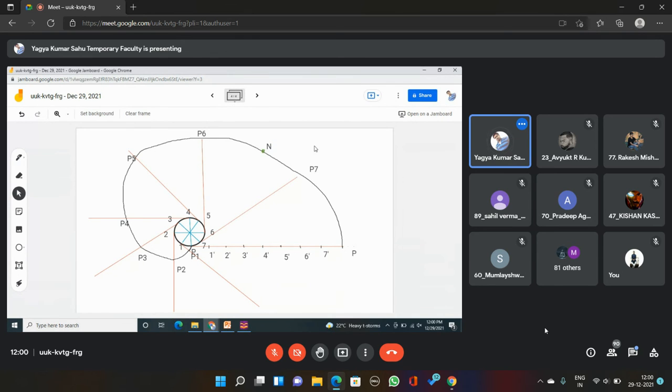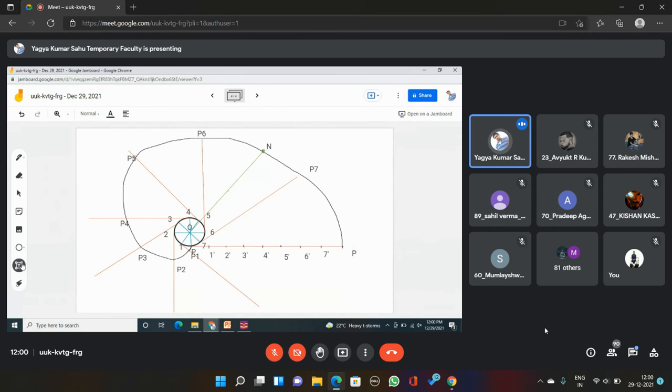Tangent and normal. So first of all, join this N to O, center of the circle. Join O to N like this. First of all, join O to N. Then draw semicircle. So first of all, draw perpendicular bisector.